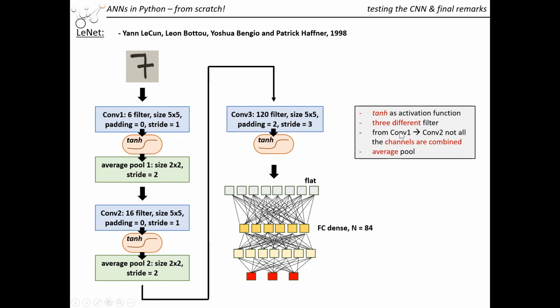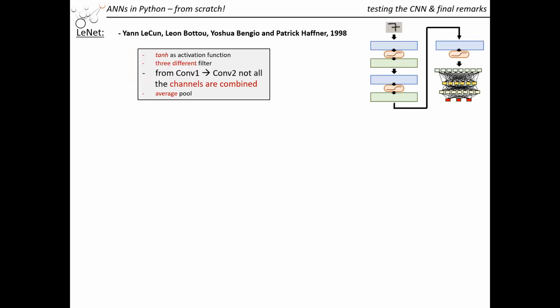So some color channels are not convolved with some of the convolution filters. And then we have this average pool, which is also a difference, which in this case makes more sense because we just have black and white images. So we don't have a background or foreground that has to be recognized. So max pool and min pool don't really make sense.